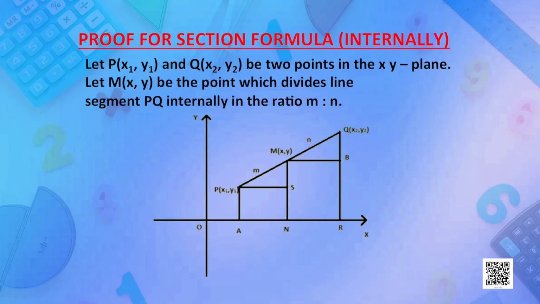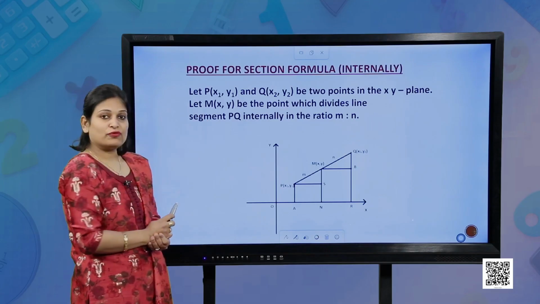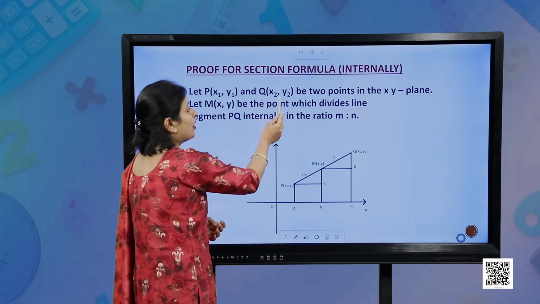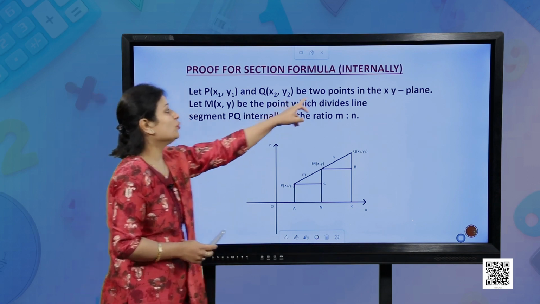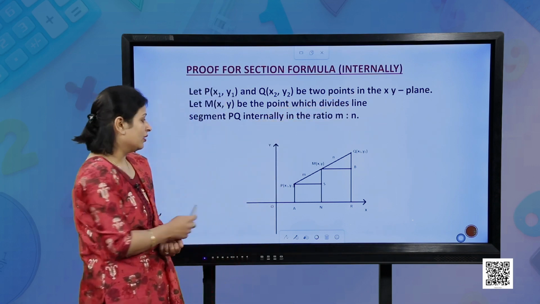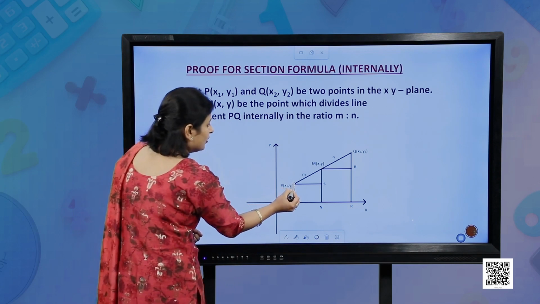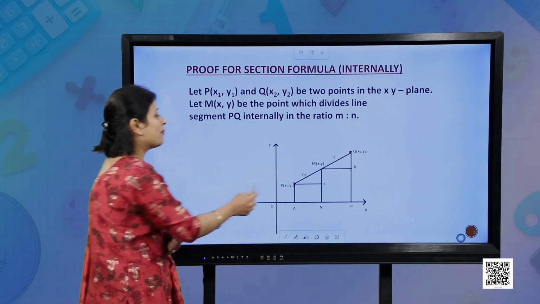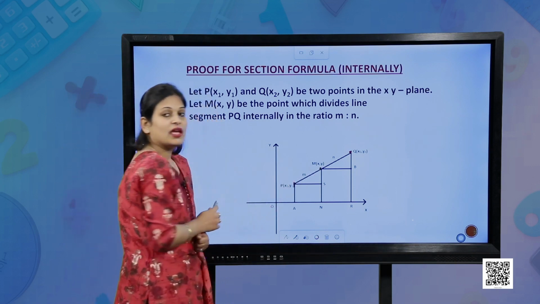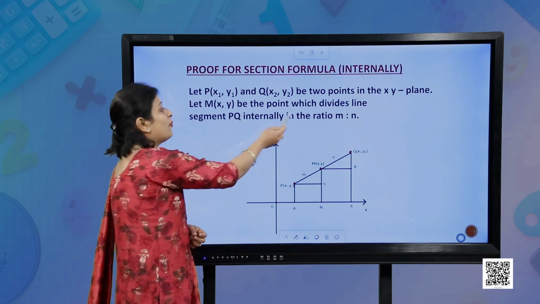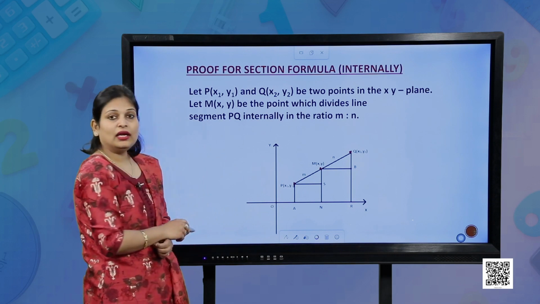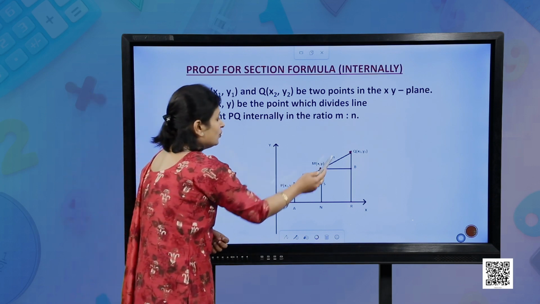Now, we will discuss how to derive this formula. Again, we consider two points, let P (x1, y1) and Q (x2, y2) be two points in the xy plane. Here is point P, here is point Q, and we have taken a point M (x, y) which divides the line segment PQ internally in the ratio m is to n.